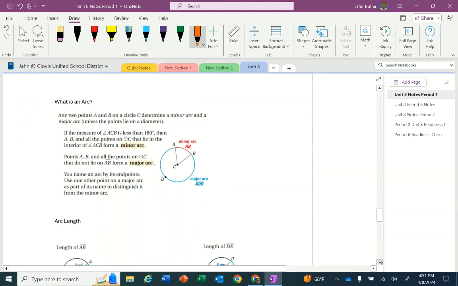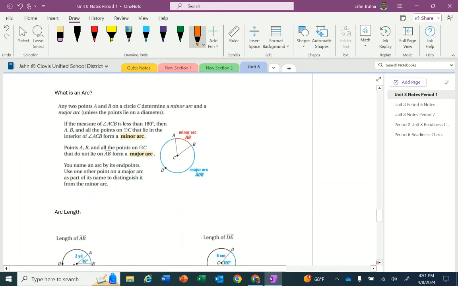All right, so now that leaves us to what is an arc? An arc, A-R-C, not A-R-K, all right? So an arc, as you can see, is any 2 points on a circle determine a minor arc and a major arc, all right? If you think of what an arc is, this is a good representation: an arc is the crust part of a pizza, okay?